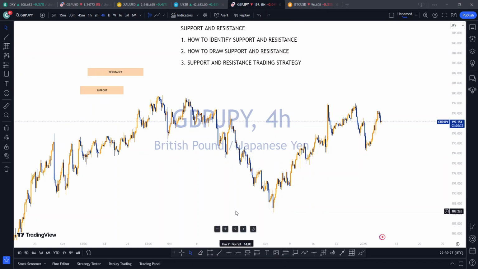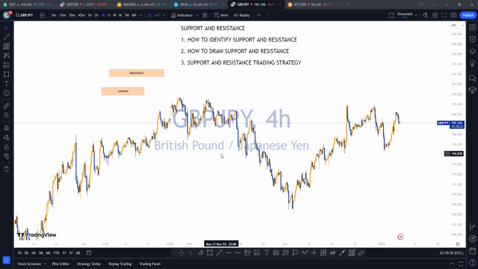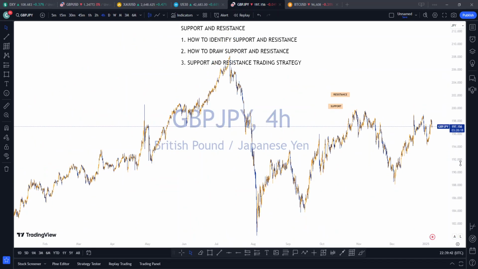So we can see right here, now let's identify a support and resistance. For beginners, to be honest, I would advise you to zoom out more so that you can see the overall of how the market is.